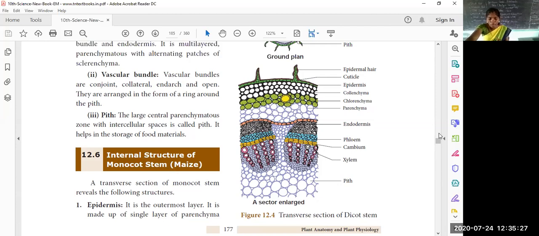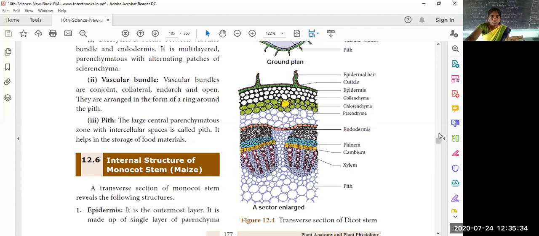Next, collateral. Collateral means xylem is present in the central portion of the stem, and the phloem is present in the periphery. Next, endarch. Endarch means protoxylem lies towards the center, and the metaxylem lies towards the periphery.